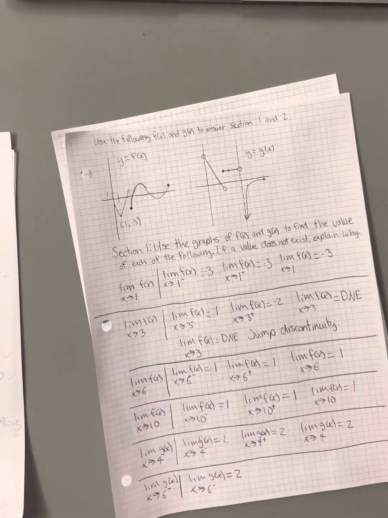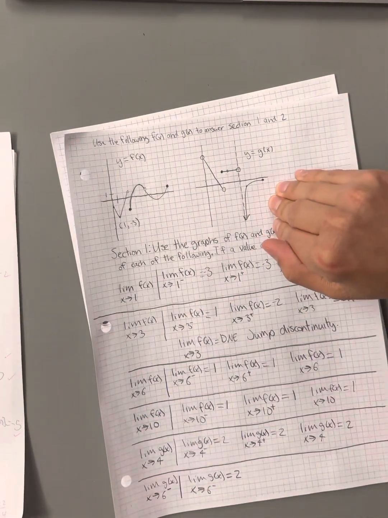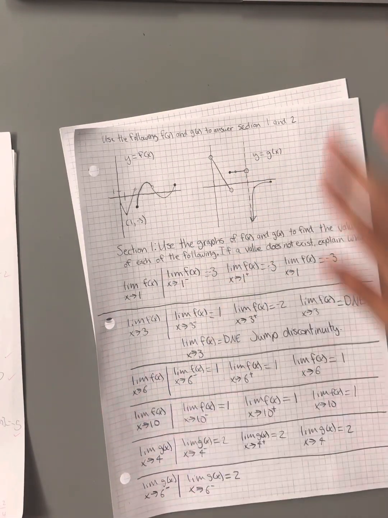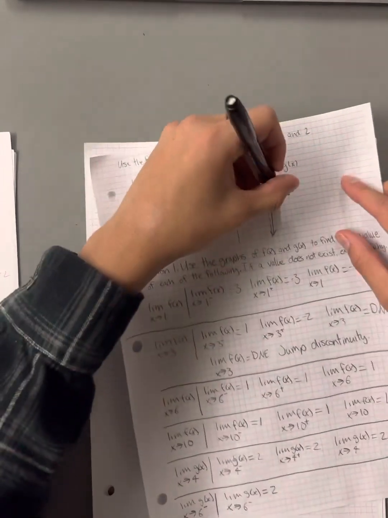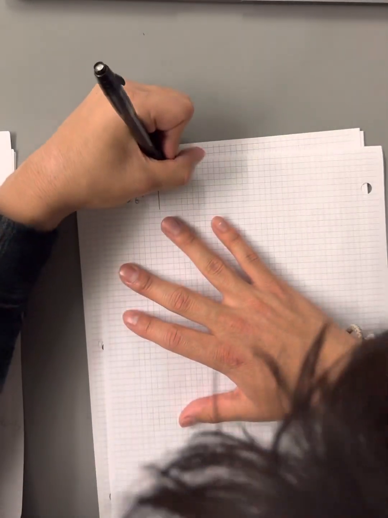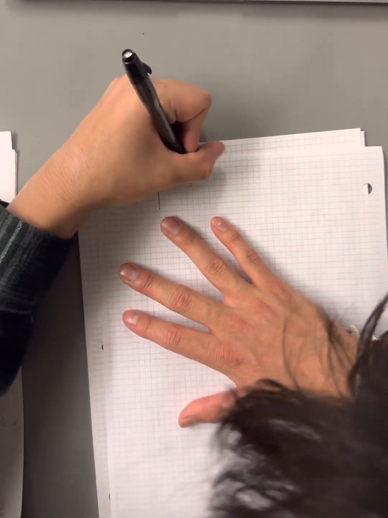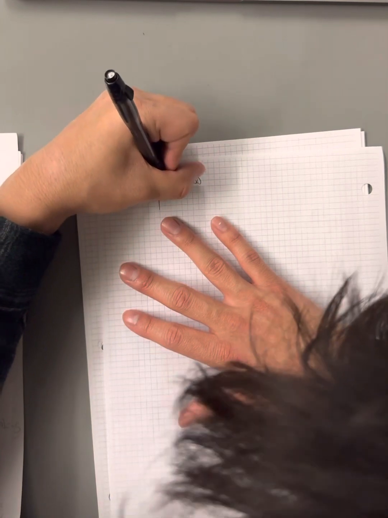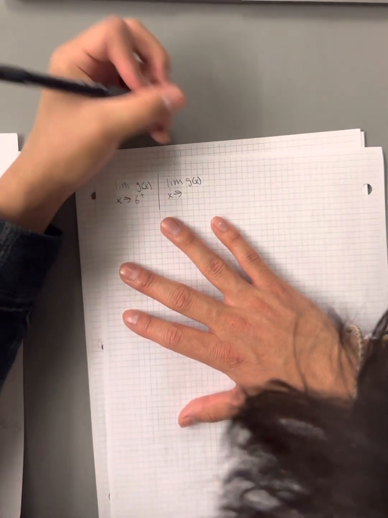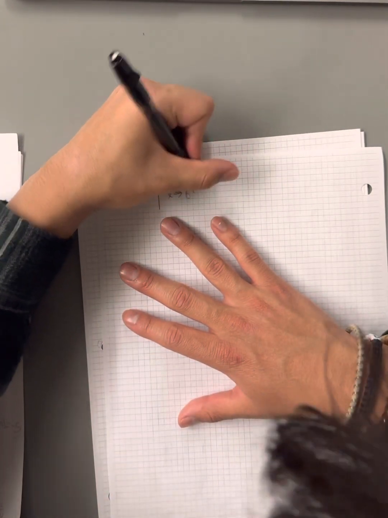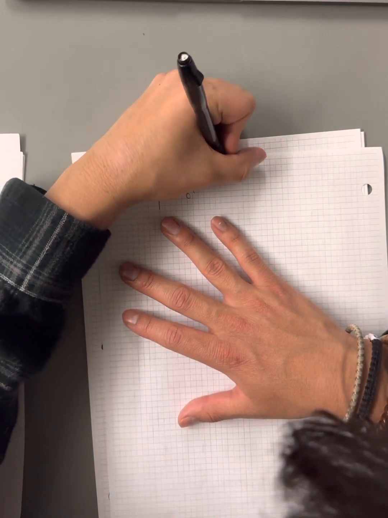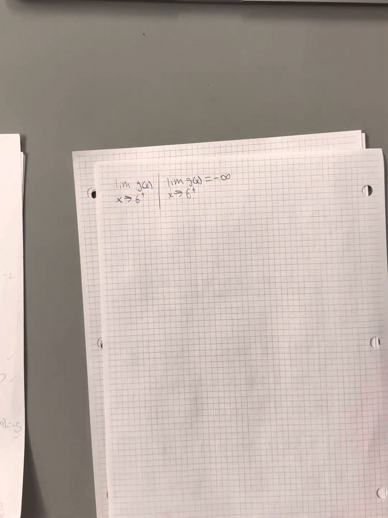It's going to get as close as possible, but it is never going to touch the line. So as you can see, it's going downward. So when we look at it from the right, we can say that the limit of g of x as x approaches 6 from the right is negative infinity. It's going to be infinitely big in the negative direction.